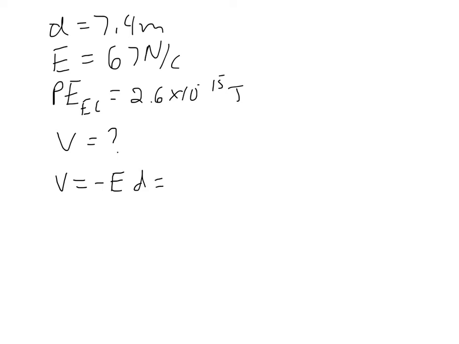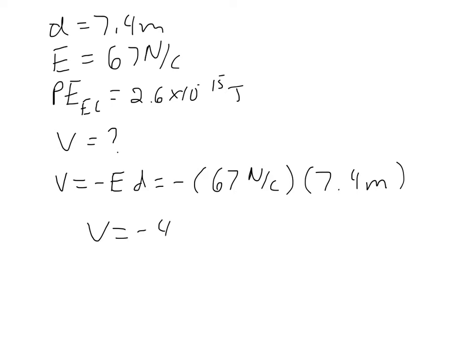So when you substitute into that equation, we get negative 67 newtons per coulomb times 7.4 meters is what it moved through. And our potential difference between those two locations is going to be negative 496 volts.